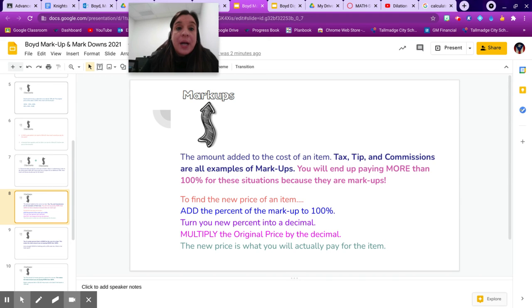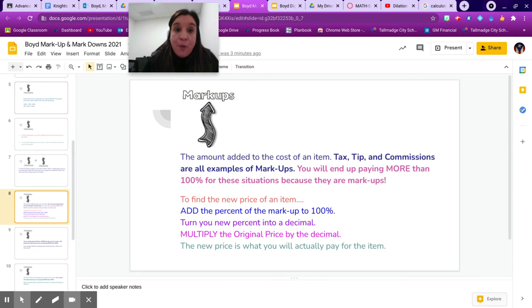Remember, it is a markup, which means you're going to be paying more than the original price. So you're going to pay more than 100% for these types of problems. To find the new price of an item that is a markup, instead of subtracting our percent from 100, we're going to add our percent to 100.